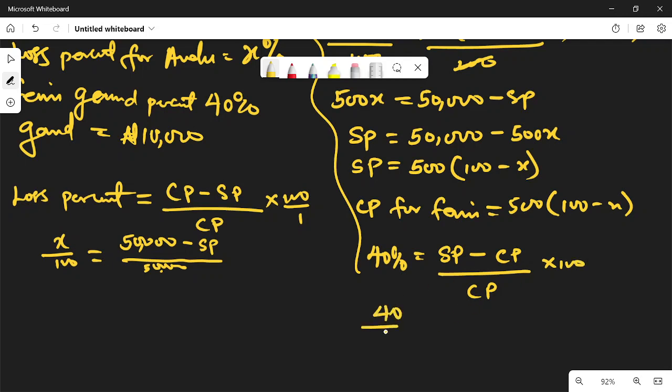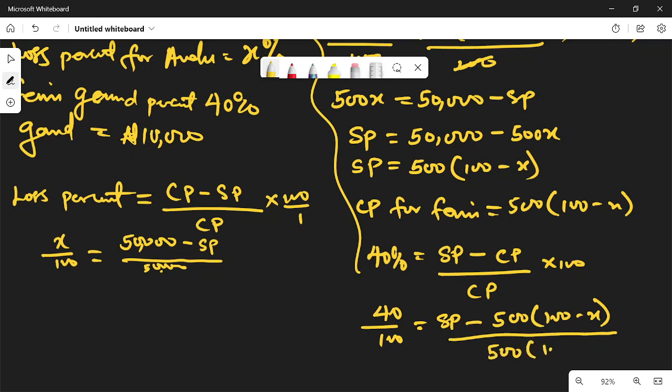So this is 40 over 100 equal the selling price. So that is the amount that Femi sold the article to Oche. We don't know the amount he sold it. Minus the cost price. But we know the cost price to be what? 500 into 100 minus X. Divided by the cost price, which is also what? 500 into 100 minus X. Am I making sense now?